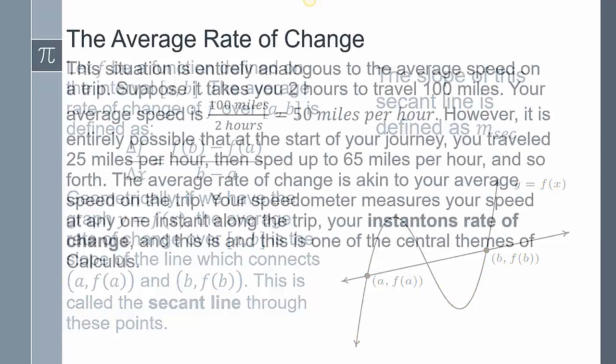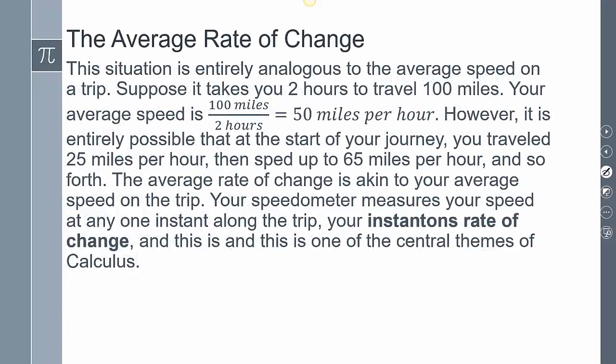Now to help us visualize this, we're going to use this analogy. Let's say we traveled 100 miles in 2 hours. Now my average speed is going to be this 100 miles over 2, which gives me 50 miles per hour. But that doesn't necessarily mean that I drove 50 miles per hour the entire time.